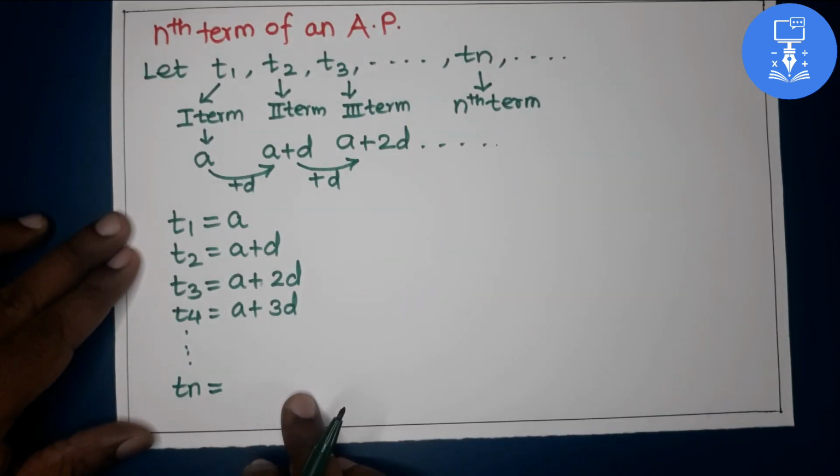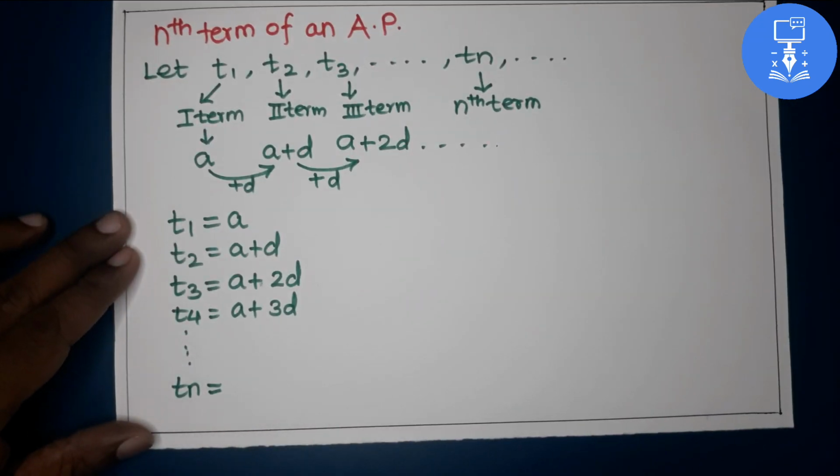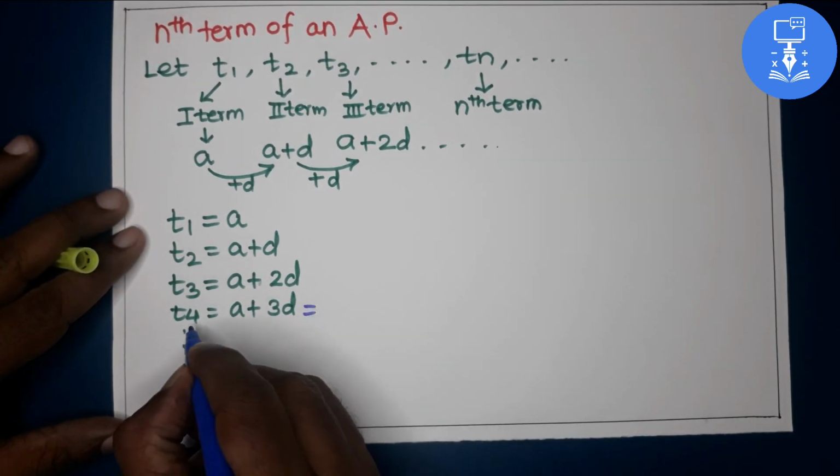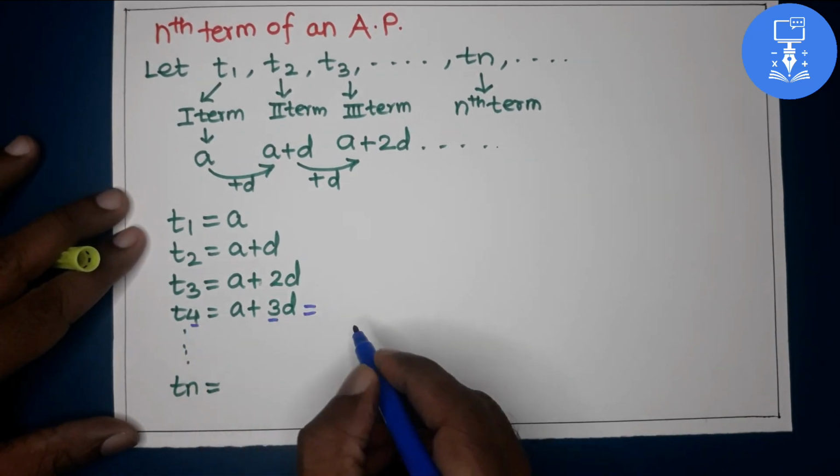For this, let's look at these terms. If we look at T4, there is a relation between 4 and 3.